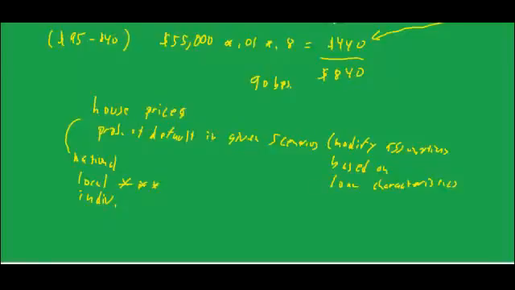So one approach is to try to do a whole bunch of statistical estimates of possible distributions of house prices, and instead of using these three discrete scenarios that I laid out here, use all possible scenarios based on past behavior.